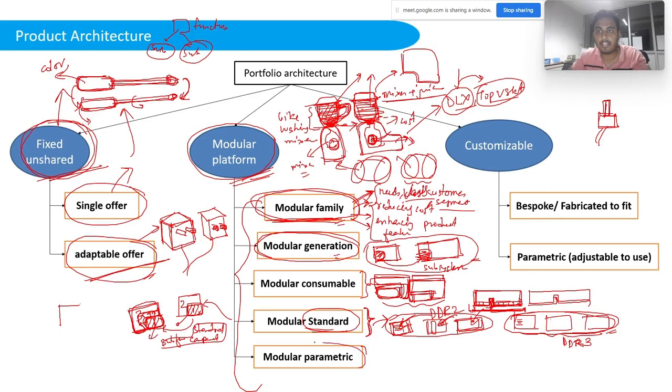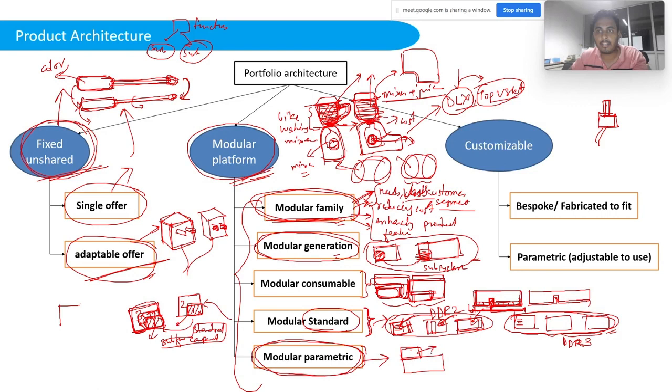The last one is modular parametric. If I give the same example, you may get a little confused, but the point is when you are providing some sort of modularity, you are also making sure that particular modular unit has some sort of user-controlled parameter setting.